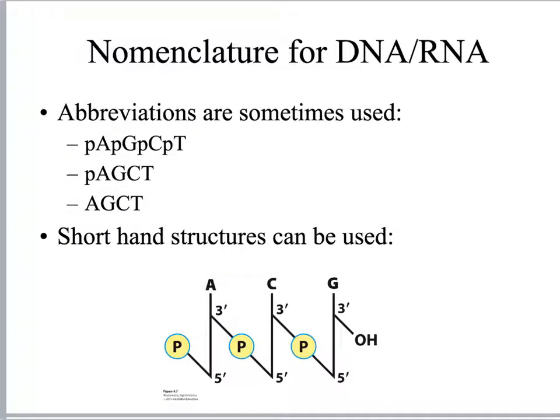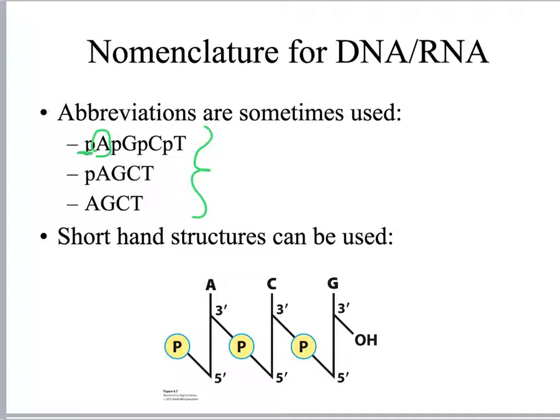Now, when we're talking about DNA and RNA, we do have some nomenclature that we use, and there are some abbreviations that you might come across, some shorthand structures that allow us to see more clearly the directionality within that polymer. Sometimes you'll see them written as P, and then the base: pA, pG, pC, pT.